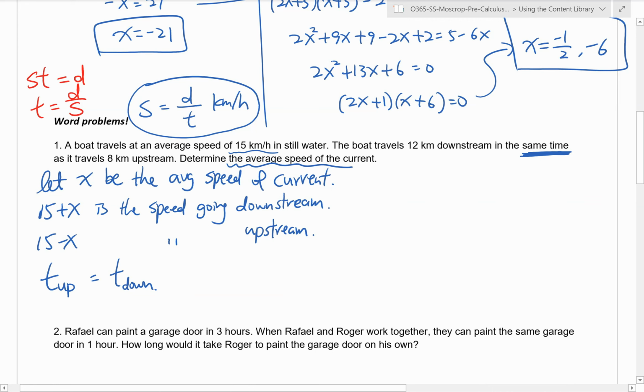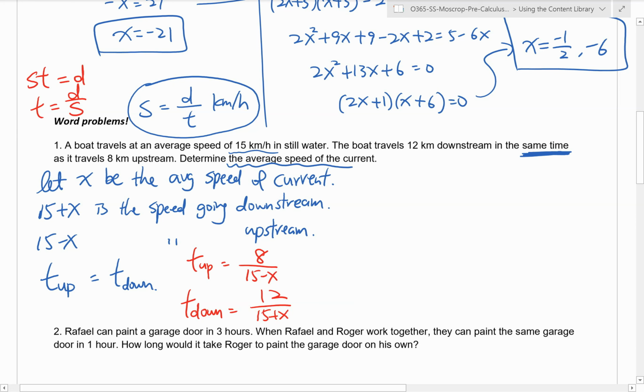So the time going up, t up, is the distance going upstream, which is 8, divided by the speed going upstream, which is 15 minus x. The time going downstream is the distance, which is 12 kilometers, divided by the speed, which is 15 plus x.